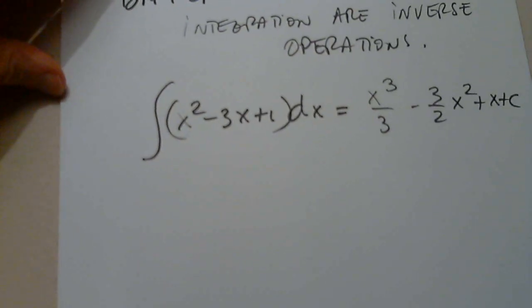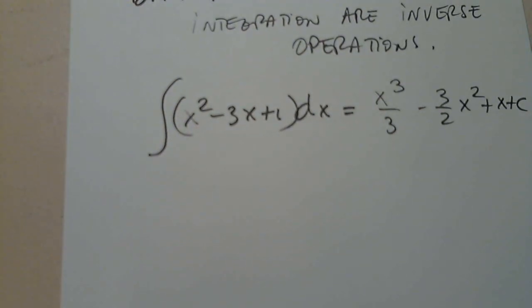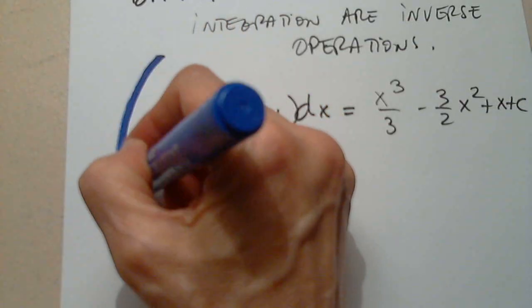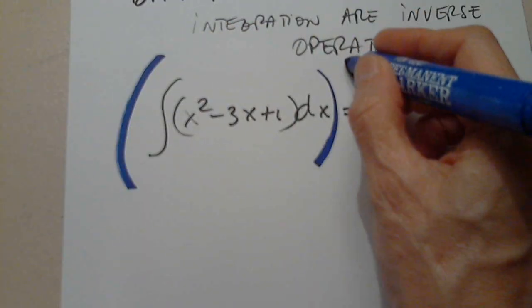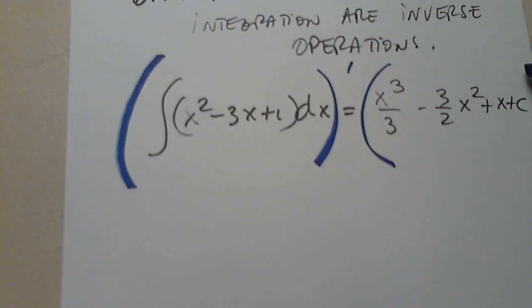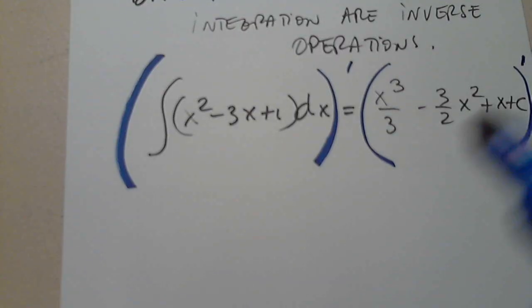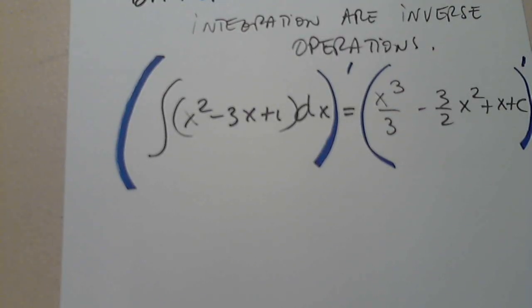Is it really true? I don't know. But I don't need anybody to tell me yay or nay. Because what I'm going to do is differentiate the left-hand side, and differentiate the right-hand side. If I get the same thing, then I'll say that's correct. If I don't get the same thing, then I'll say, oops.